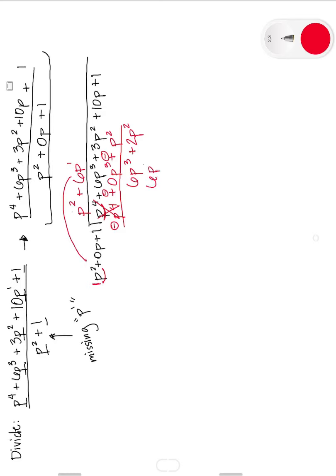So 6p times 1p squared is 6p cubed. And then 6p times 0p is going to be plus 0p squared. Now I'm going to go ahead and bring down the plus 10p. I didn't do it before, but we need to bring down that next term. And then we're going to do 6p times 1, which is 6p.